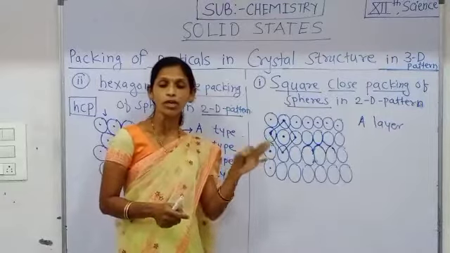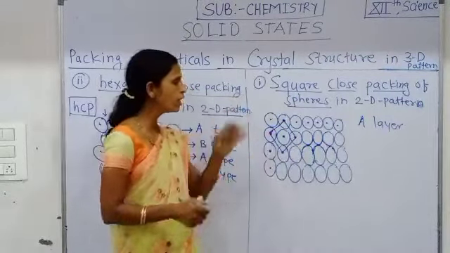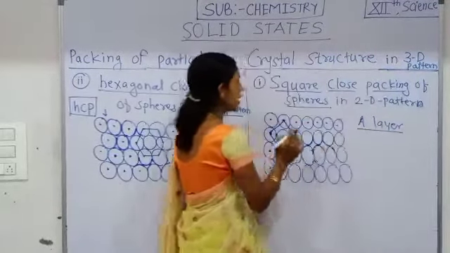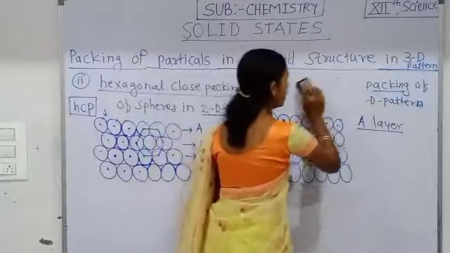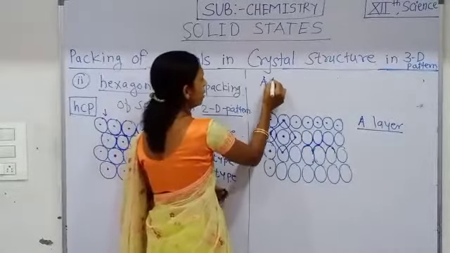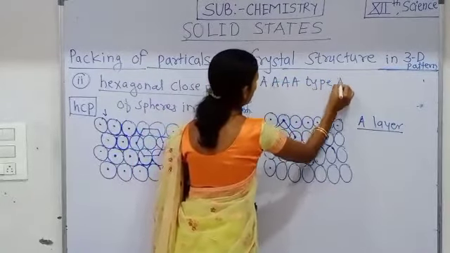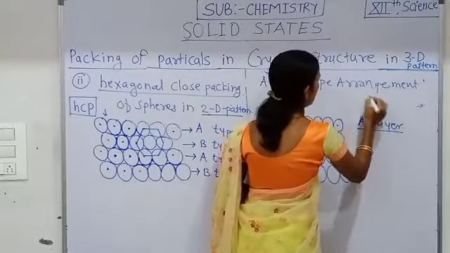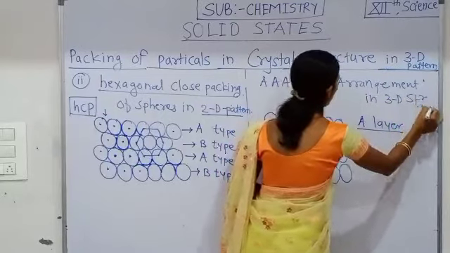That means all layers are the same, all layers are of A type. Therefore, this arrangement is known as the AAA type arrangement of layers in a 3D pattern.